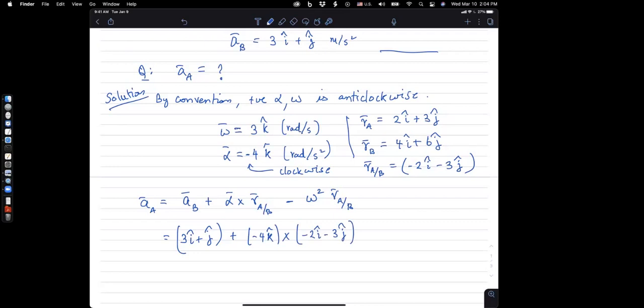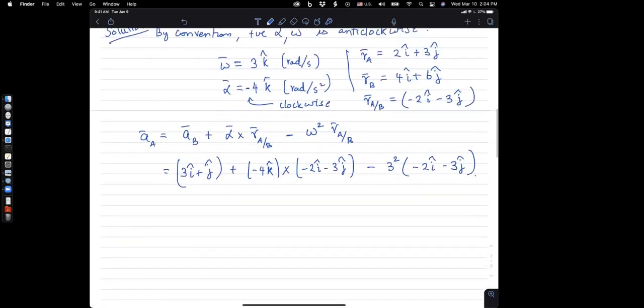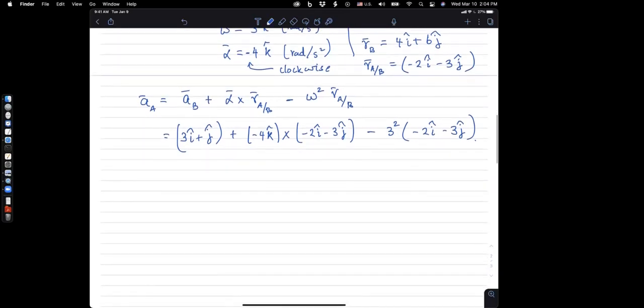And then we do omega squared times R_A with respect to B. Omega squared is 3 squared, and R_A with respect to B is again minus 2i minus 3j. Okay, so that is it. That's going to be the acceleration of A once we expand things out.